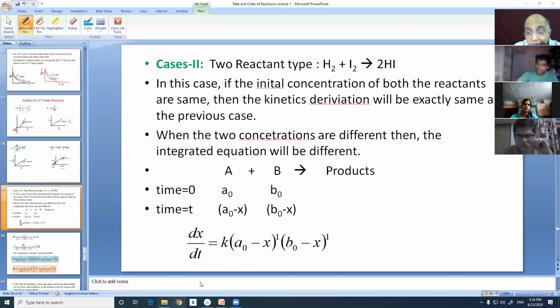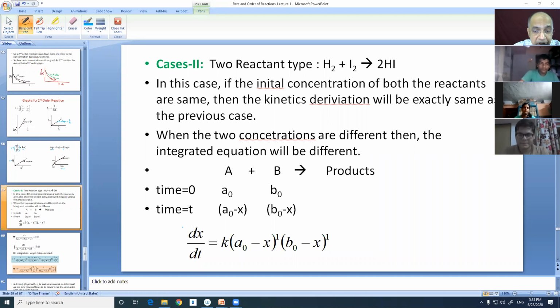And if the two concentrations are different, now see, I will give you the task to integrate. The integration is not as easy as before. You have to have a little more knowledge about integration. So if the initial values are A0 and B0, they are not the same. And at time t, they are A0 minus x and B0 minus x.